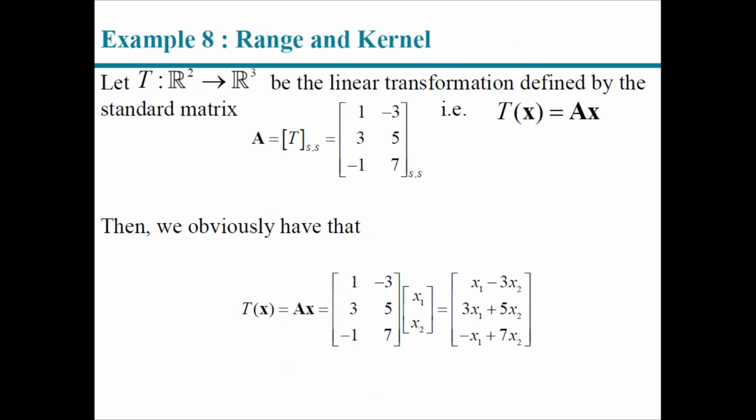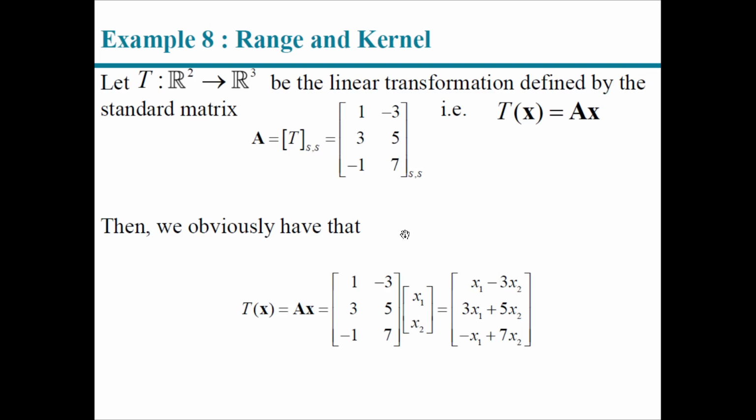Another example where we also try to find the range and kernel of a linear transformation. We said already that the range is the column space of the representation matrix A, and the kernel is the null space of the representation matrix. Here I have a linear transformation defined by its standard matrix.